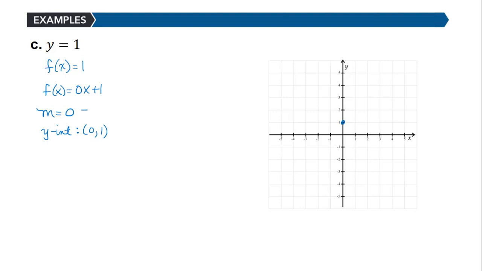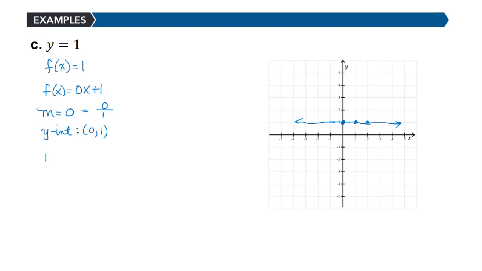Our slope of 0 suggests that there is 0 rise, and then our run can be whatever we want it to be, because 0 over any number is 0, but we'll think of it as 0 over 1. So if we don't rise anywhere, but we just go right 1, don't rise, go right 1. So we can see that the points form a horizontal line through 1 on the y-axis.